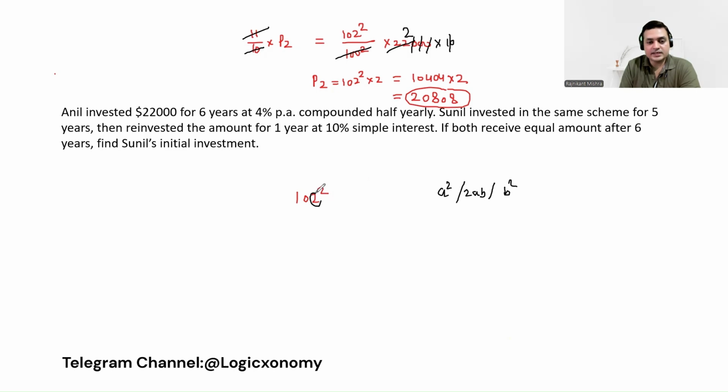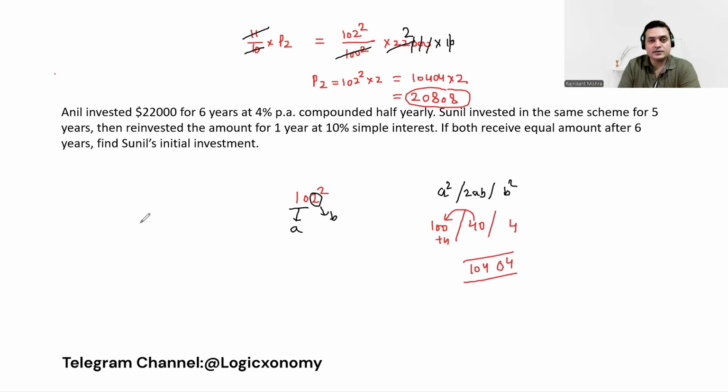Suppose the unit digit is b and the left portion is a. a square means 10 square, which is 100, b square, 2 square is 4, 2ab, 2 into 10 into 2 is equal to 40. Write 4 here, the single digit, 0 of 40, and the rest, 4, is carried forward. 100 plus 4 becomes 104. This is the square of 102.